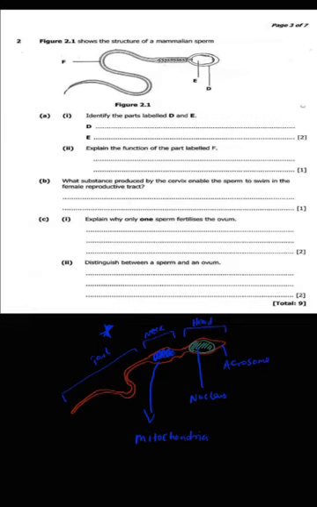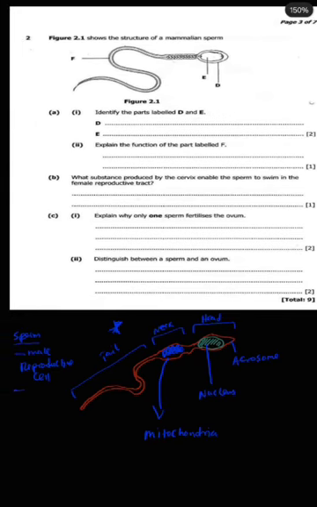Now, what we need to understand first of all is the sperm is a male reproductive cell. This male reproductive cell carries the genetic material from the father, the DNA.